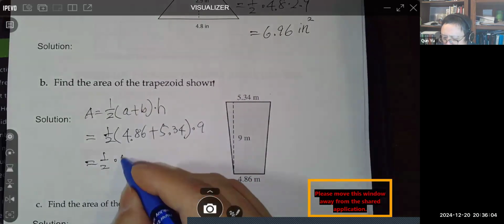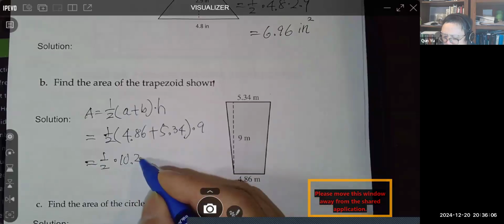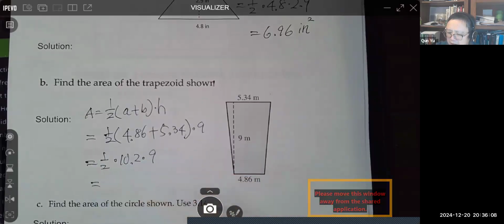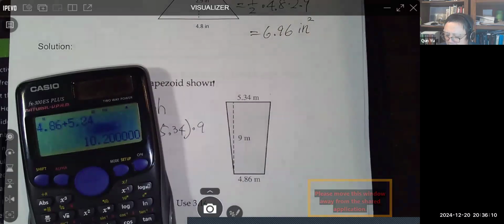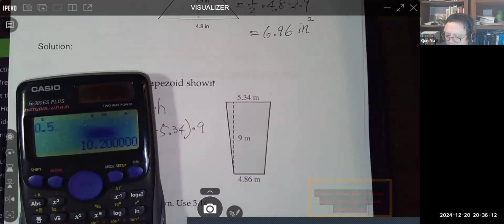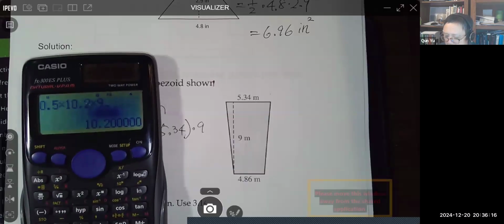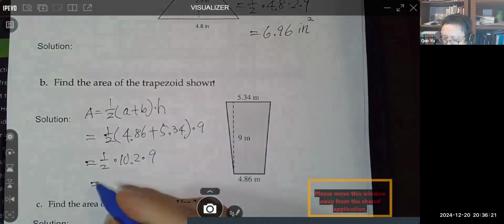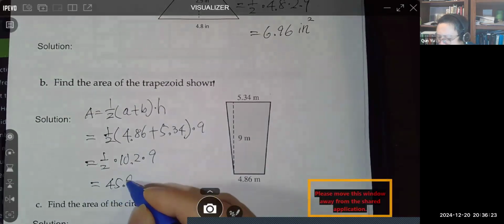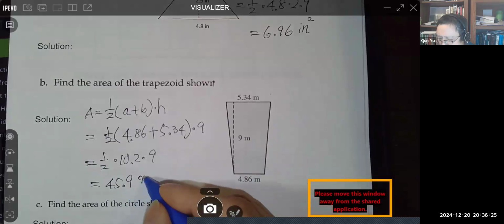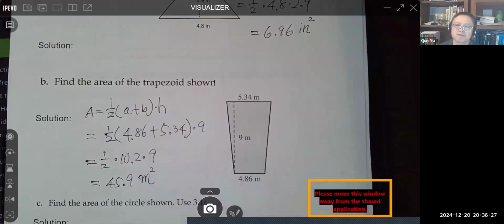So 10.2 times 9. Now I can multiply all of the 3 together. 0.5 times 10.2 times 9 equals 45.9. This is the area, the unit is the meter, so we get square meters.